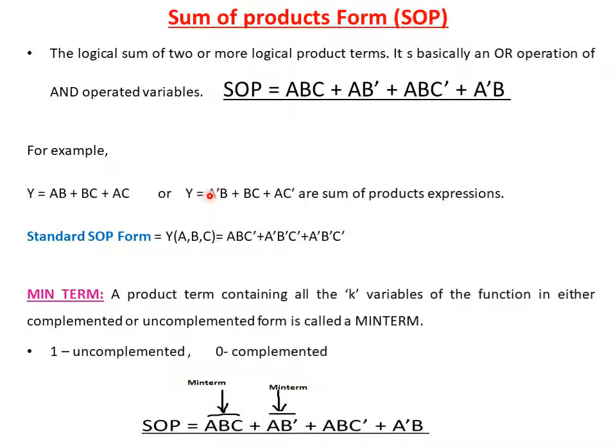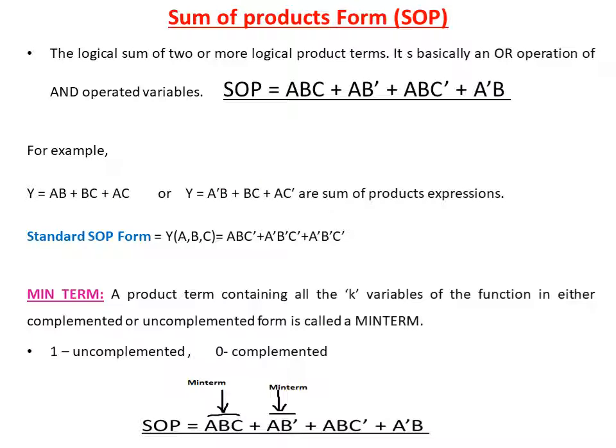The min terms or product terms have the variables in either complemented or uncomplemented forms, and the variables are A, B, C. Now these two expressions we are saying are in sum of products form.